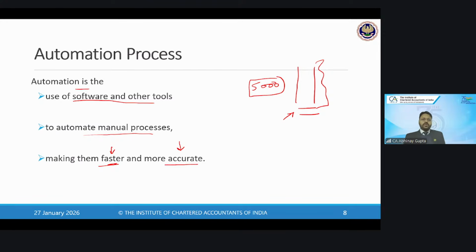That is how automation is making things faster and more accurate, and it is resulting in saving a lot of time for the management, right? These are one or two examples of the automation process. There are many others which organizations are doing today, but automation simply means this only, right?